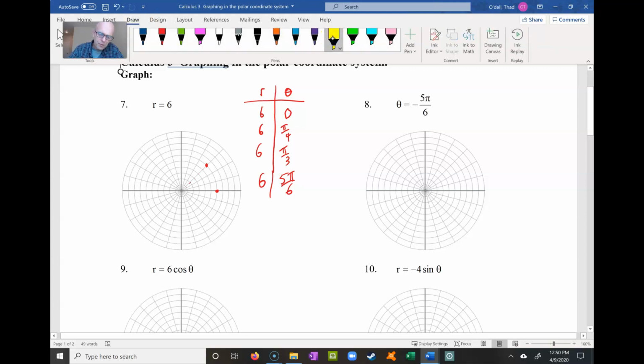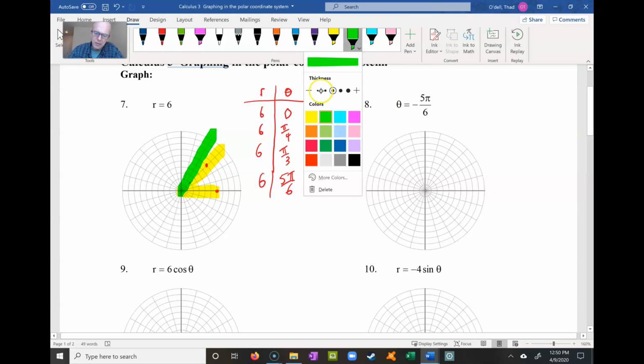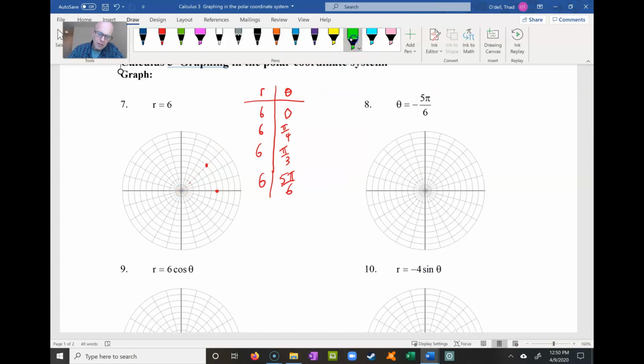If I'm facing in the 0 direction, it'd be that way. If I'm facing in the pi over 4 direction, it'd be that way. If I'm facing in the pi over 3 direction, that would be, let me use a different color, right along that line, right? Make a smaller point here. There we go.